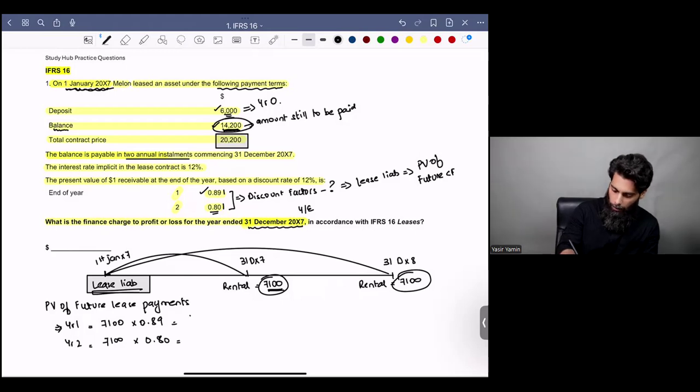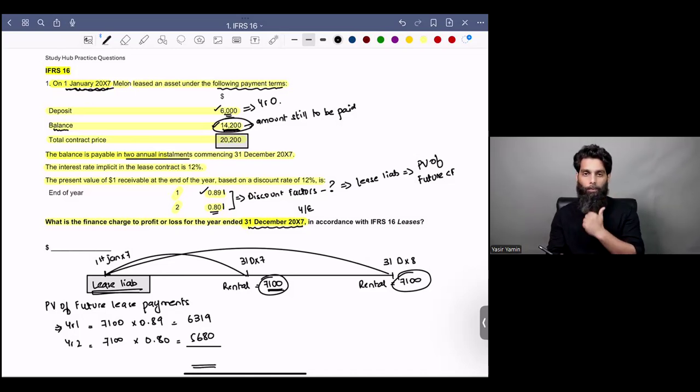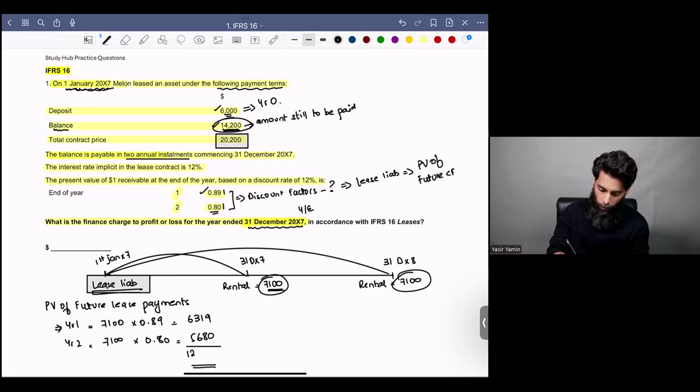For the first year, somebody says it is 6,319. What is the present value of next year? It's 5,680. So can you tell me the total amount in this case? 6,319 plus 5,680 is 11,999, or maybe we can round it off to 12,000.